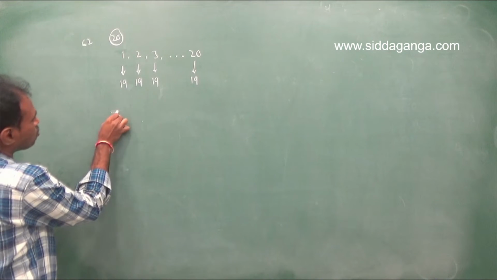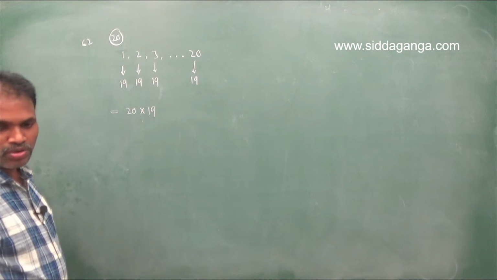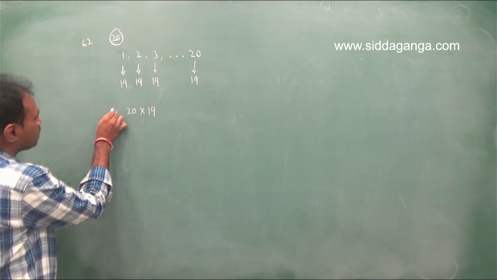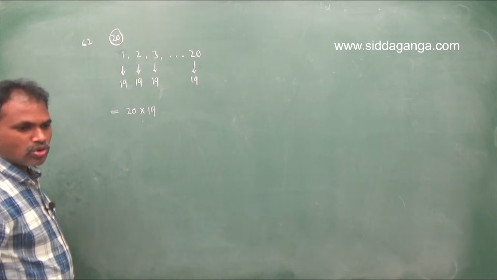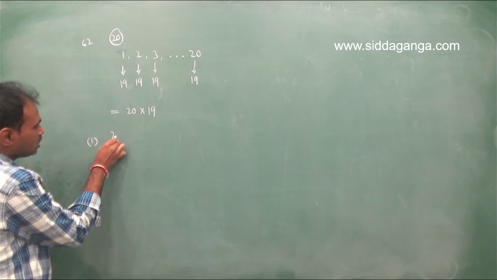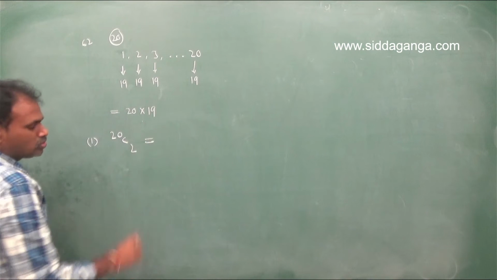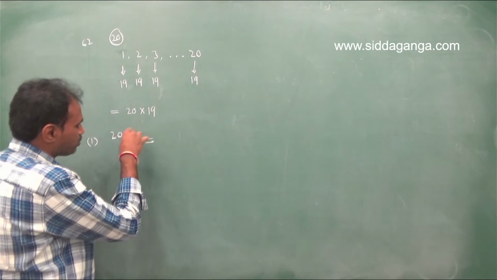Therefore, the number of total required greeting cards is equal to 20 into 19. Now, through options, first option I am checking, that is 20C2. 20C2 means nCr formula, n factorial by n minus r factorial into r factorial.